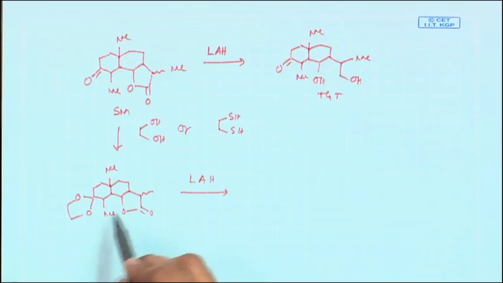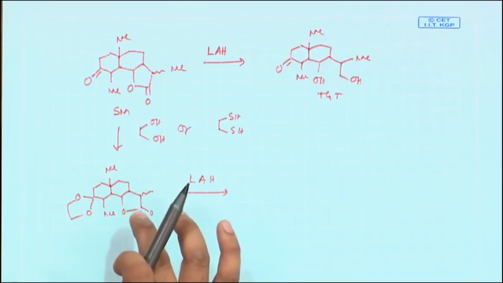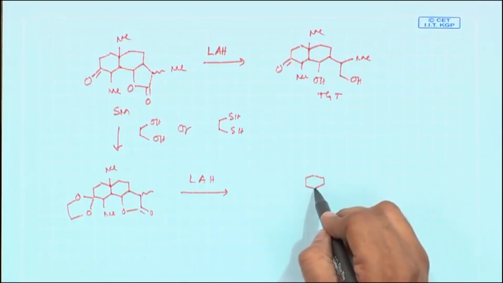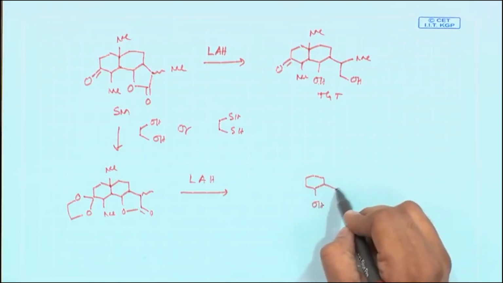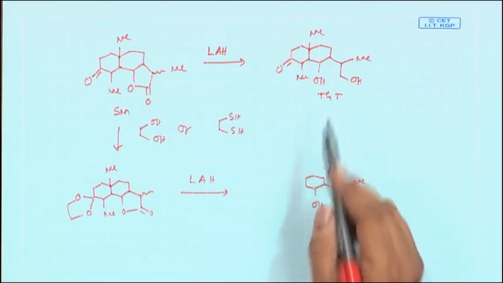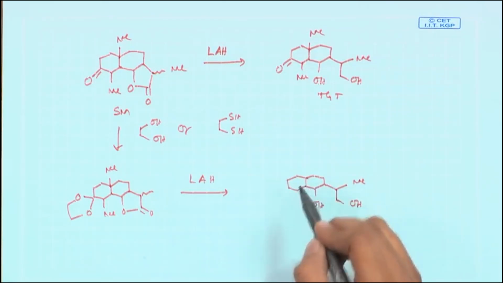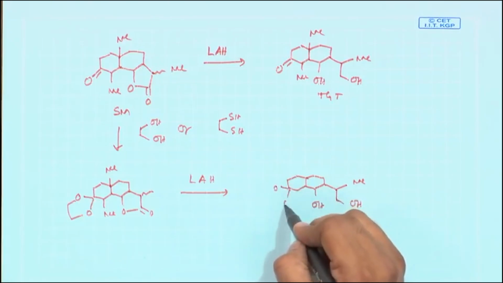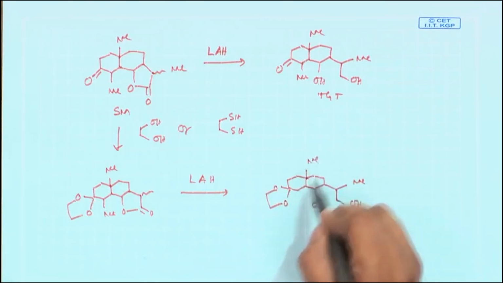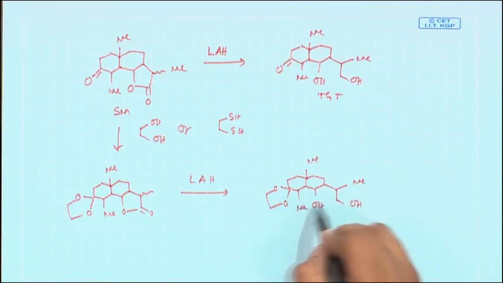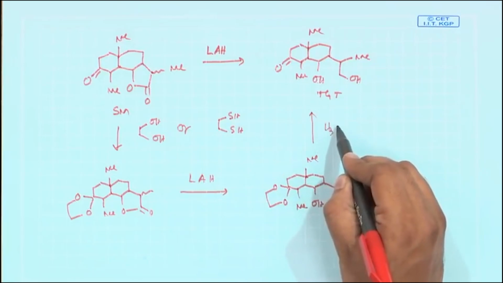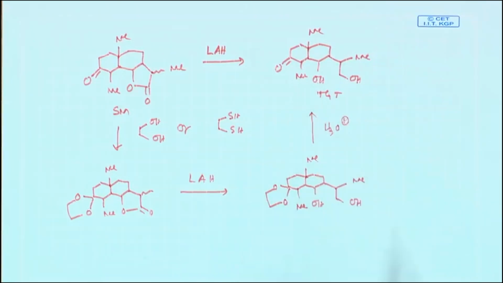This lactone will be reduced, as LAH is a very strong reducing agent, and you will get this diol, which is the diol core functionality that was present in the target molecule. The protecting group remains the same.